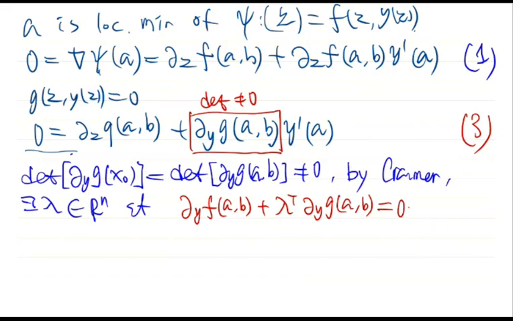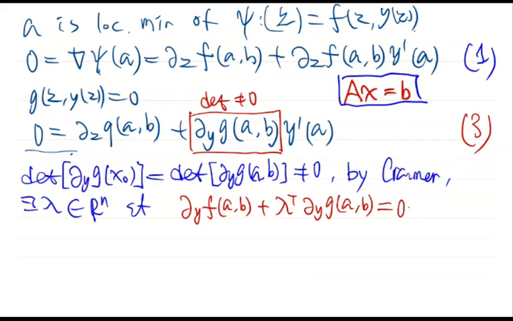Why? Because usually our system of linear equations is Ax equals b. If the determinant of A is not 0, then for every b you have a unique solution for this system of linear equations.